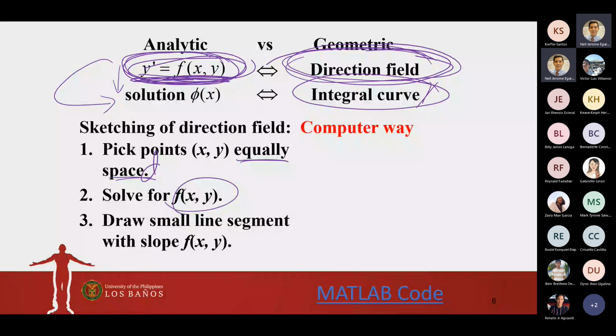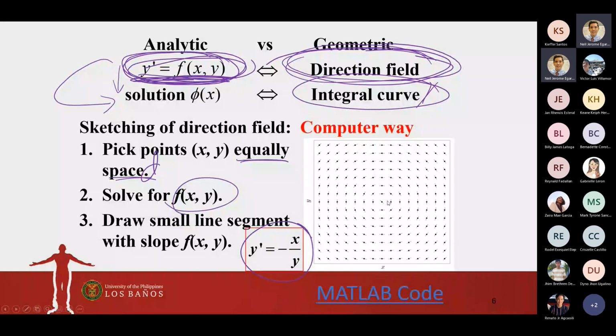So if you ask your computer to do the direction field for y prime equals negative x over y, our example earlier, this is the output. Right? And it is nicer because you can see the circular behavior of the solutions.